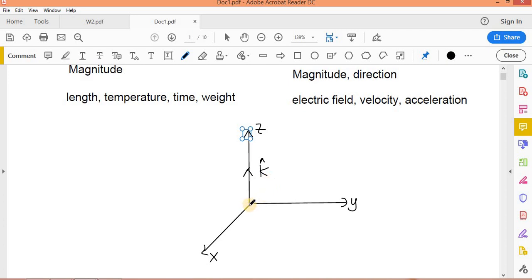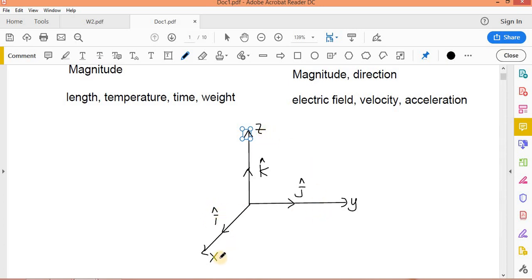When we want to mention a vector oriented in Y direction, parallel to the Y axis, we say this vector is in j direction. And for X, if you want to say that vector is parallel, or in the same direction as the X axis, we use the symbol i.